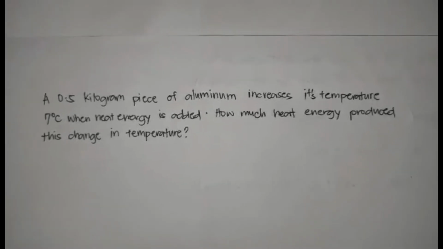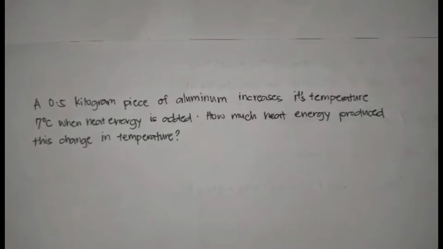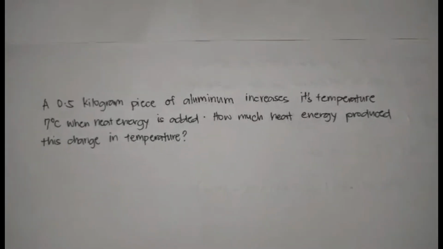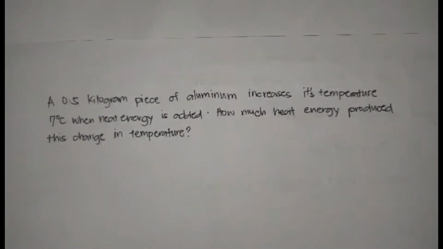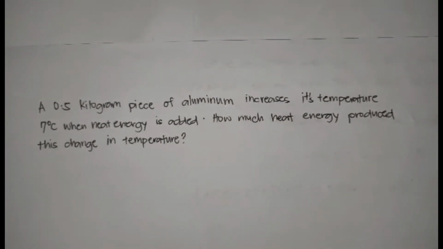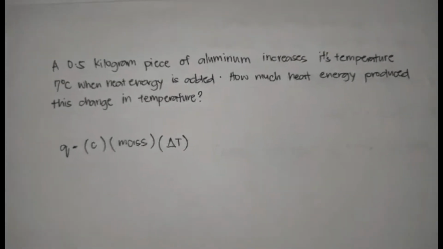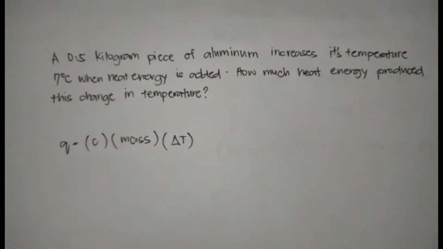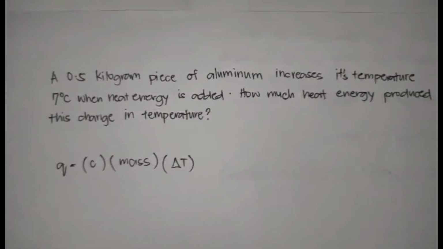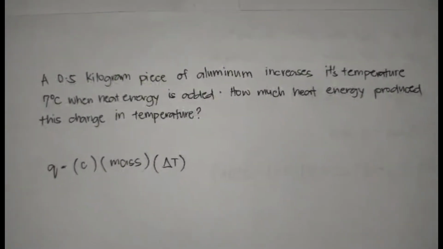Here is another example. A 0.5 kilogram piece of aluminum increases its temperature by 7 degrees Celsius when heat energy is added. How much heat energy is produced by this change in temperature? In this problem, we are going to use the formula Q is equal to C times mass times change in temperature.